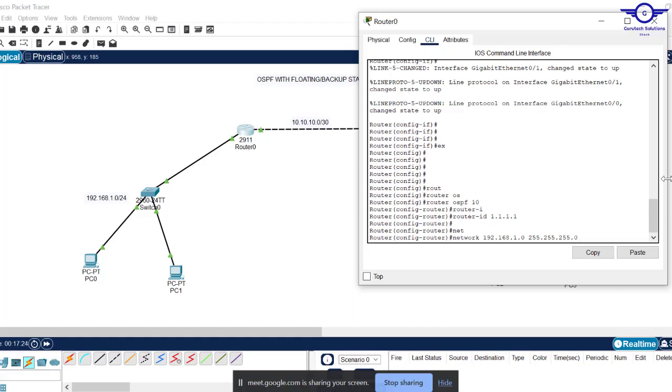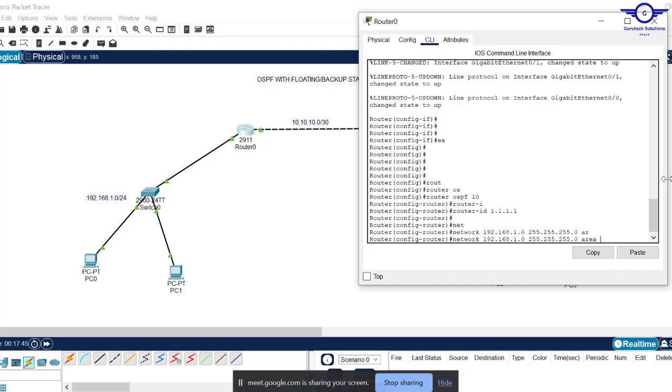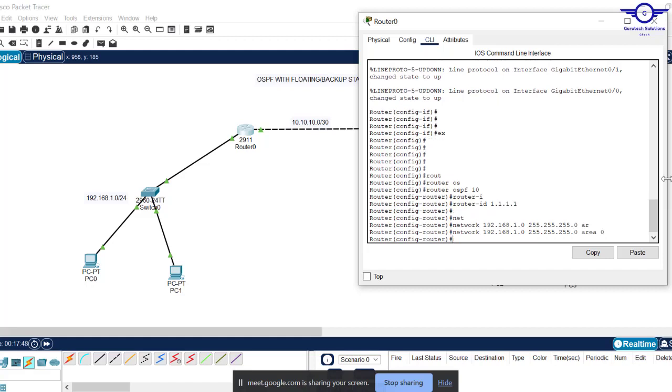As of now, we will be using area 0. You can use area 1, 2, 3, 4, 5, but area 0 must be present in any network because area 0 is the backbone area. So in every network that we configure, you have to include area 0. Area 0, and you hit enter.